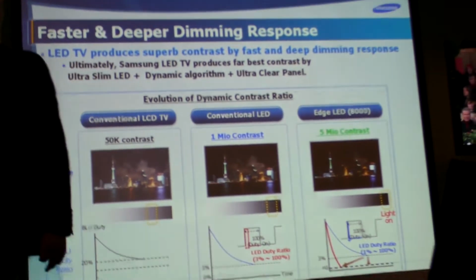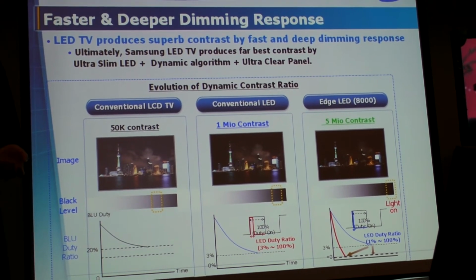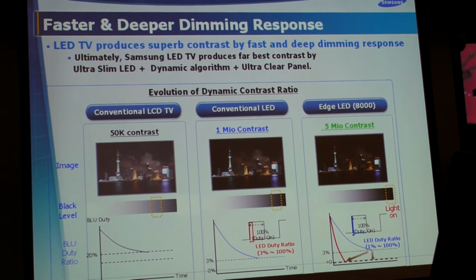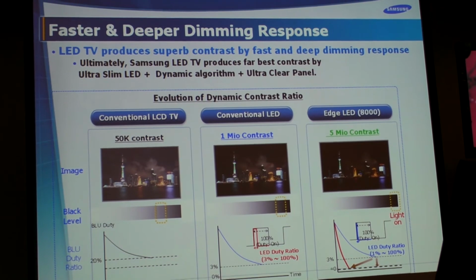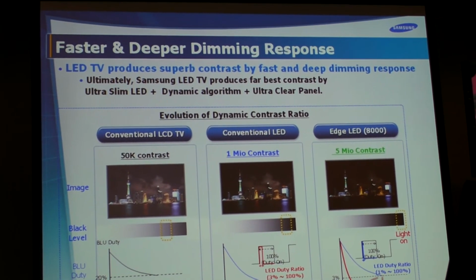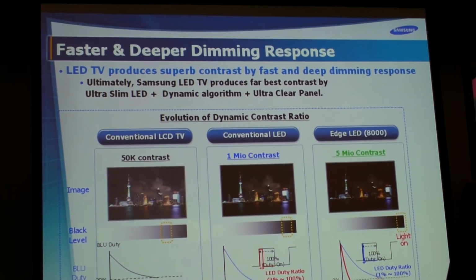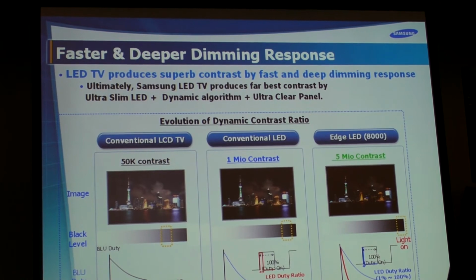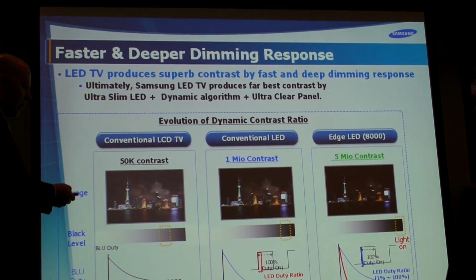The other thing is that it's not only about using LED technology, it's also about how you control it. Samsung has great experience in controlling backlights, far longer than any of our competitors. By doing this, we achieve contrast and black level rates which nobody else on the market can achieve, because we can control our LED much better than anybody else.